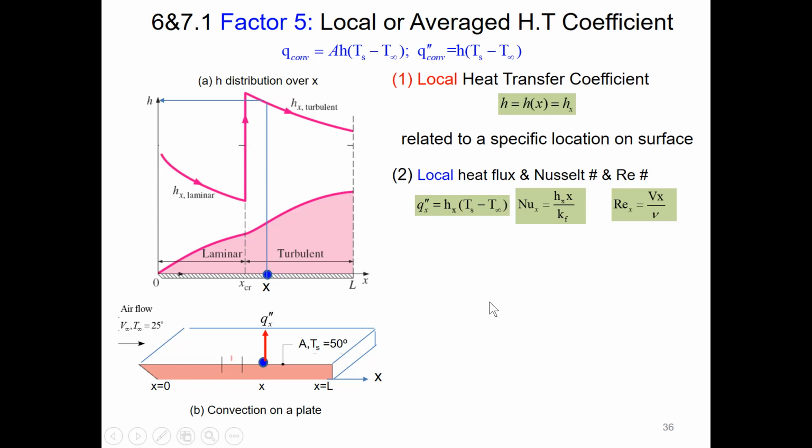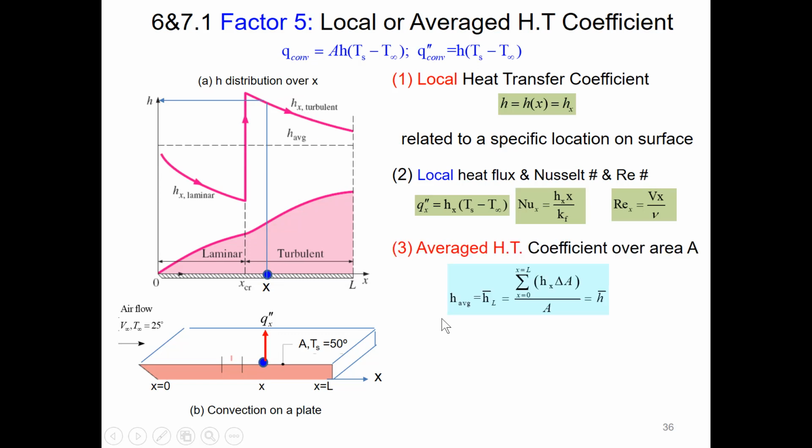Then another question is raised. Since the heat transfer coefficient is changing over the length of the surface area, if we want to calculate the heat rate over the whole surface area A, which heat transfer coefficient to use? Therefore, in order to answer this question, we need to introduce a new variable, the average heat transfer coefficient over area A, H bar.